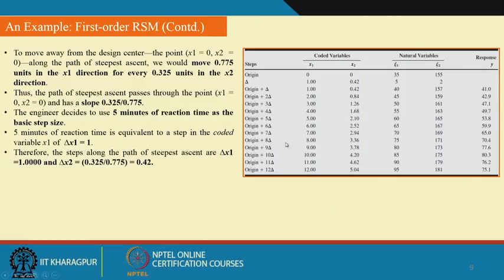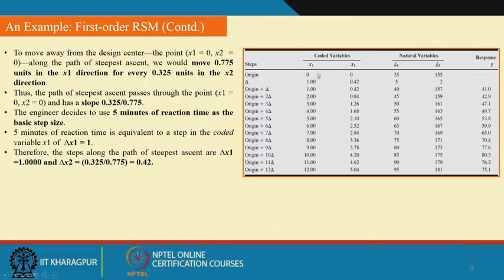Okay. So, you see in the slide that we have fixed delta in coded units and in natural units. Now, origin plus delta, origin is 0. So, this is the coded unit and this is in natural units, and you conduct the experiment and your response value is this, followed by the second step, which will be 2.